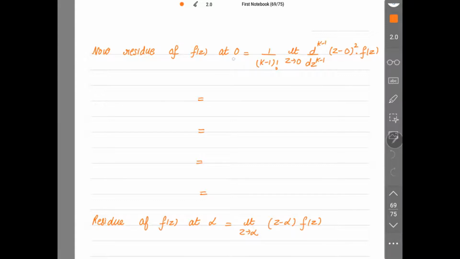And if it is a simple pole, then I cannot write 2 here. The formula is the other one. Because here k is 2, I have written 2 here multiplied by f(z). Whatever pole order you have, you have to write that power. Because it is a pole of order 2, k is 2 here.